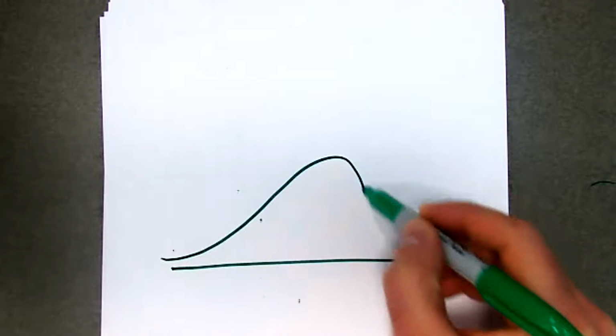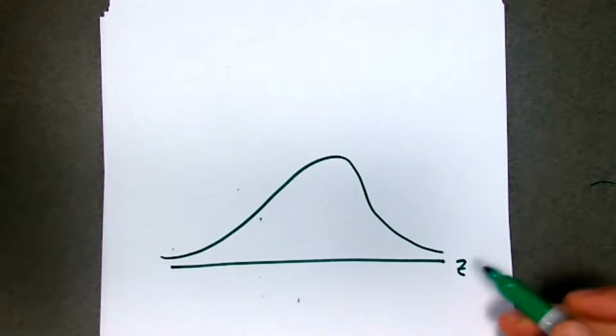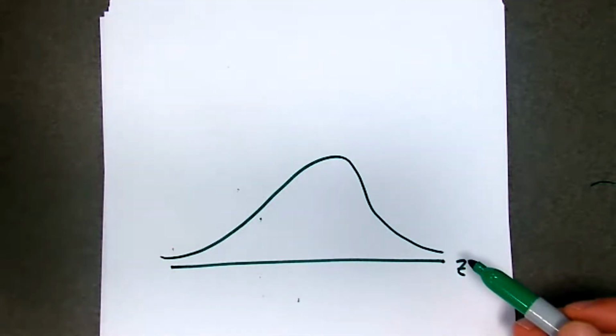With the critical value approach, we're going to start off thinking about that standard normal distribution. Let's say I've got this standard normal distribution, and for the sake of what we're going to do, we'll start out with a left-tail test.